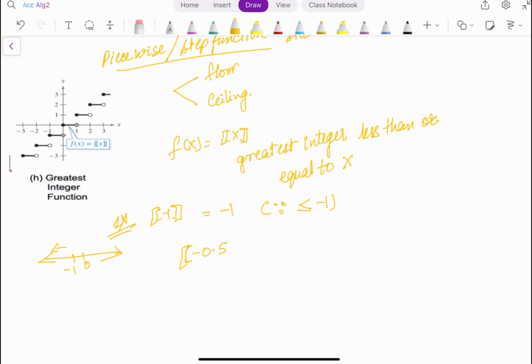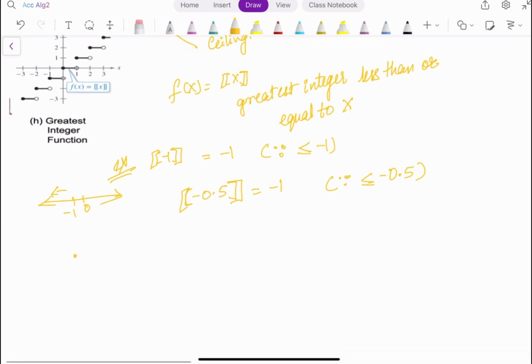Let's understand how a decimal will work. Now we have the example -0.5. It is a decimal, so it is not an integer. We want something that is less than or equal to -0.5. What could that be? That is -1.